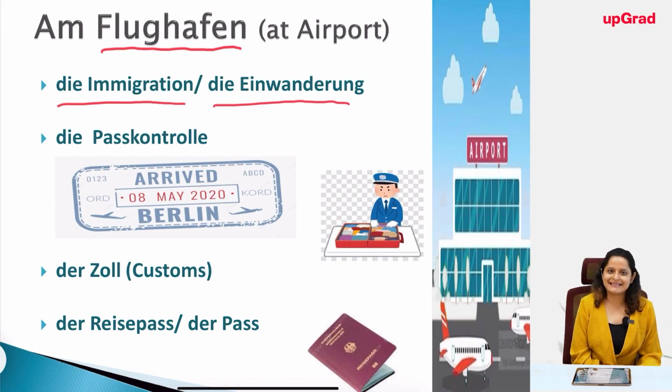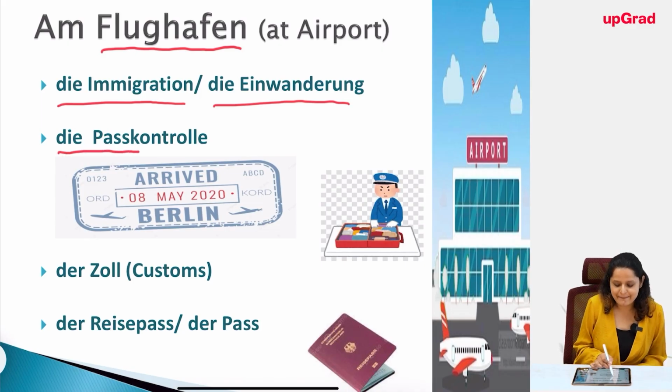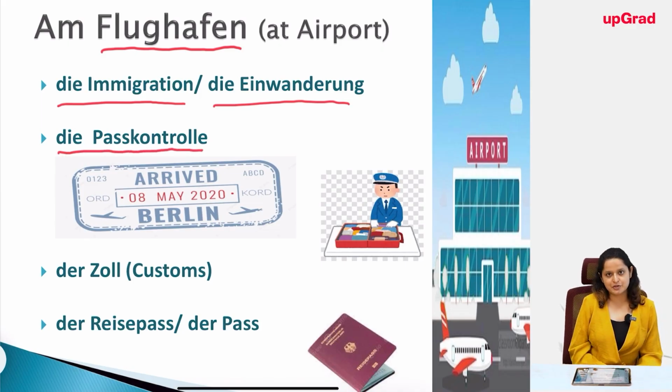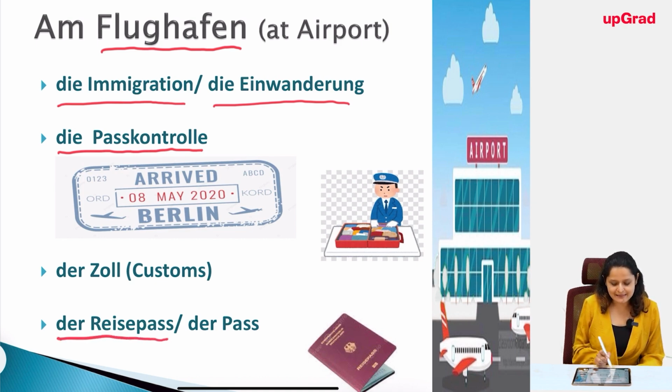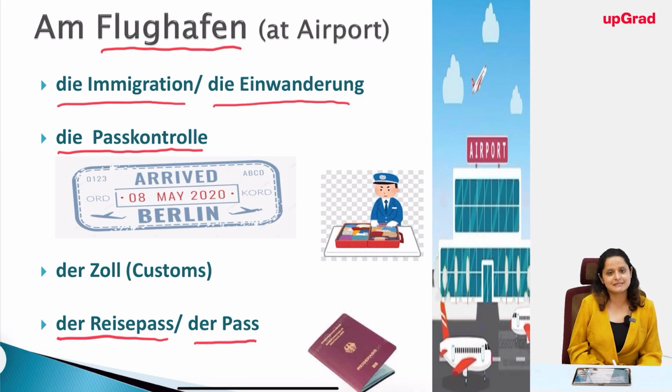But when you are at an airport and you have to get your passports checked, the word that is used is the Passkontrolle, which means passport check. As you can see, der Reisepass or der Pass means passport, and Kontrolle is checking of that passport.